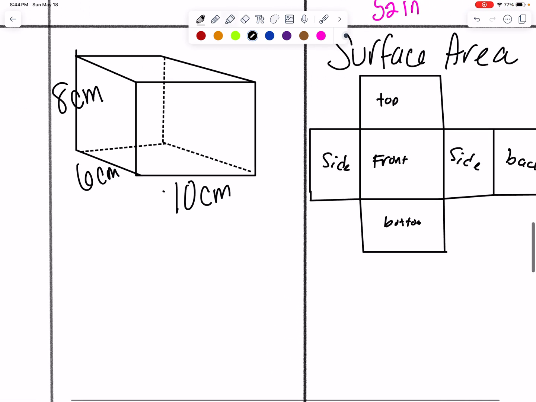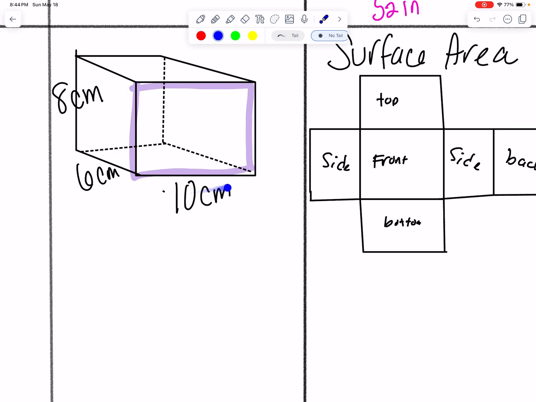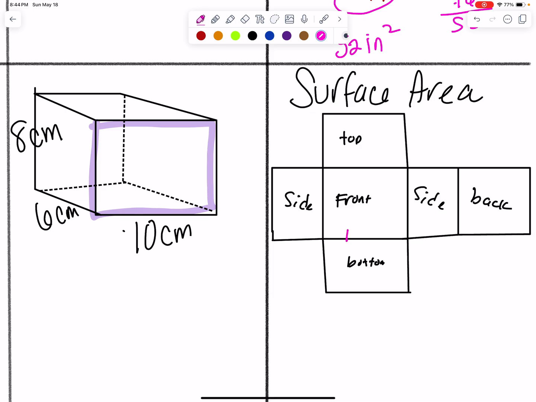Okay, so this is my front and back, okay? So my front and back is a 10 by 8. Okay, now I'm going to go side.